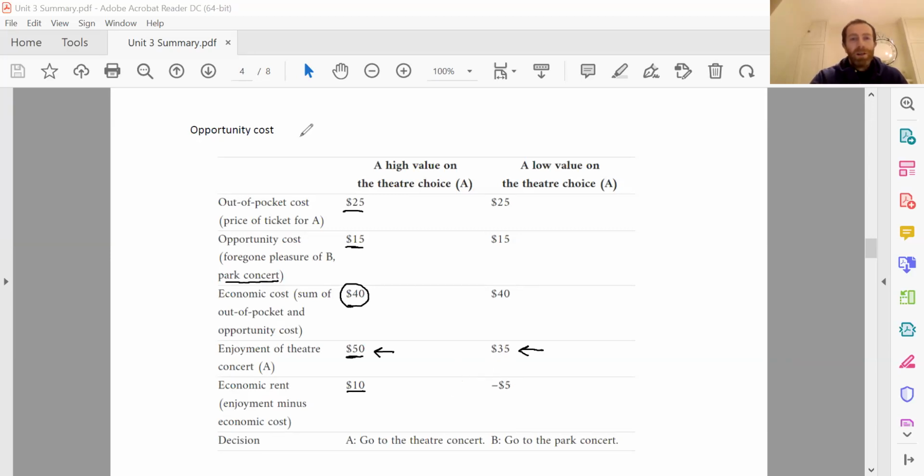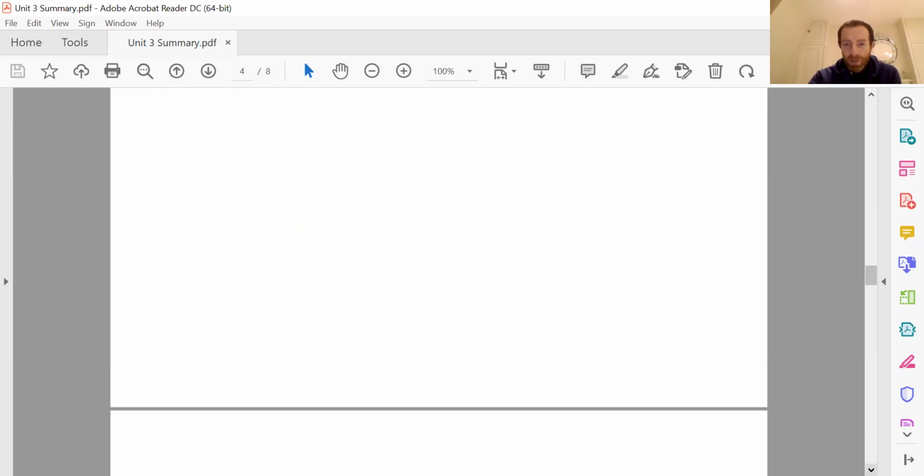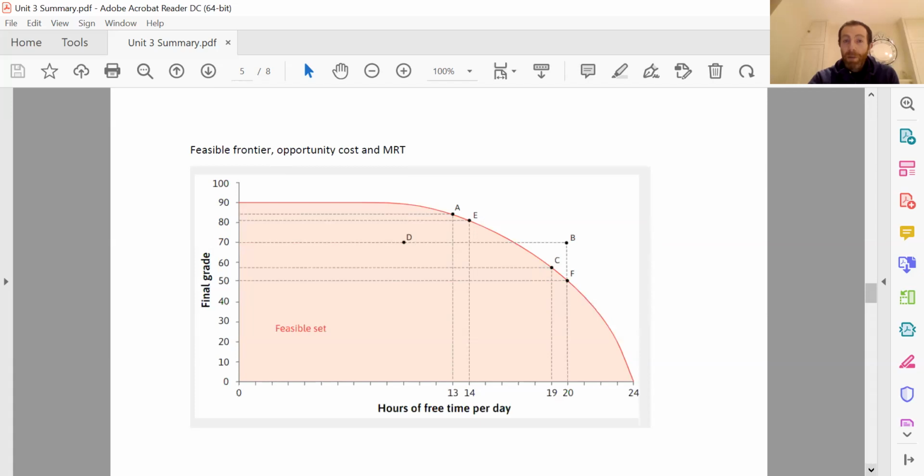So, okay, that concept of opportunity cost is going to be very important when we think about the feasible frontier of a person, or the budget constraint of a person, which is not about their preferences, but about what is possible. So we can get this from just thinking about the production function of Alexei, because we're still thinking about Alexei and his exam.